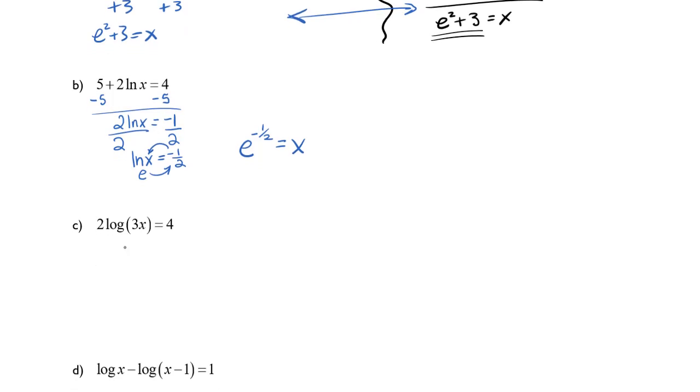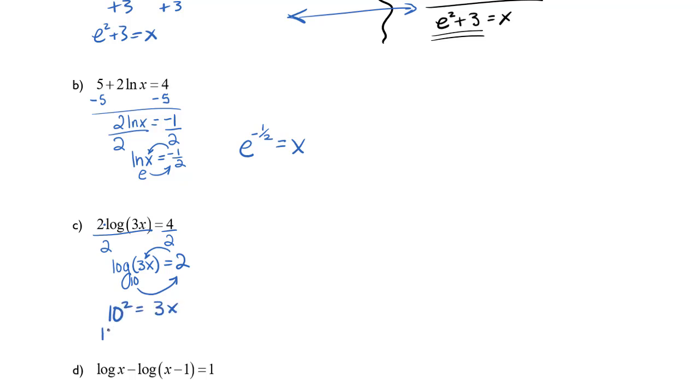Next example. We have 2 times log of 3x equals 4. I'll divide both sides by 2. Now I'll have log of 3x equals 2. I know that this is base 10, so I'll take 10 raised to the 2 equals 3x.